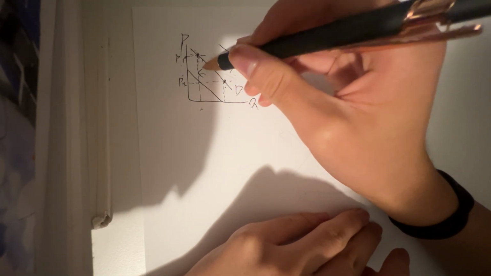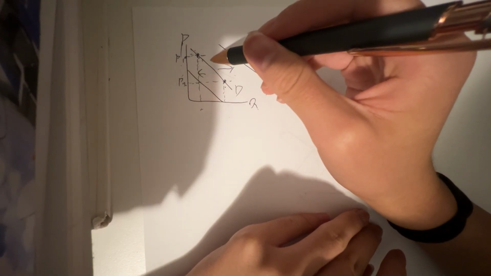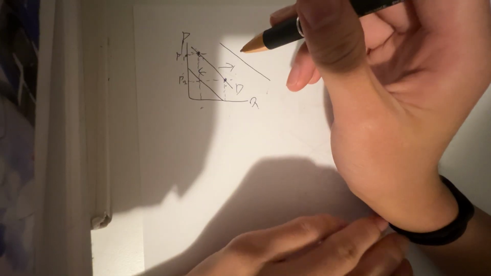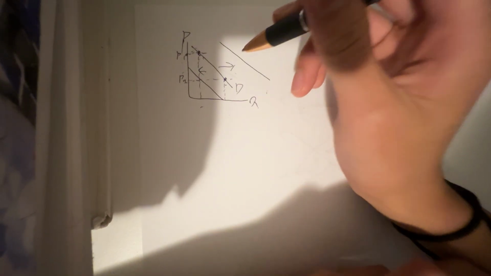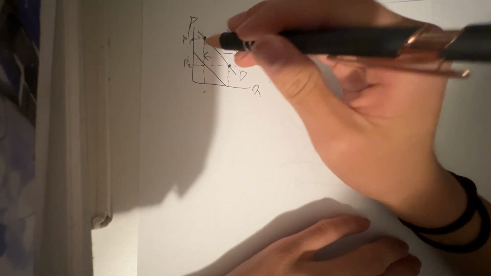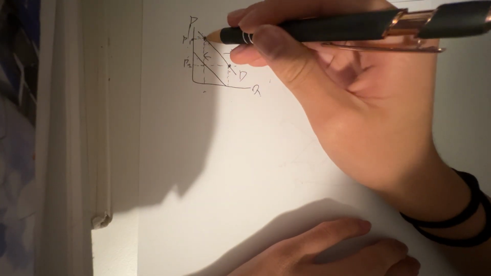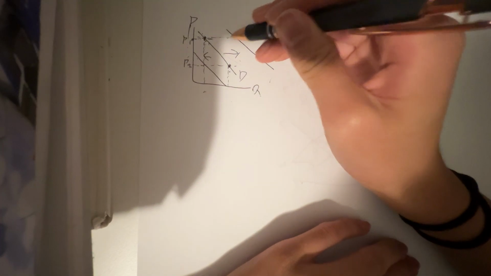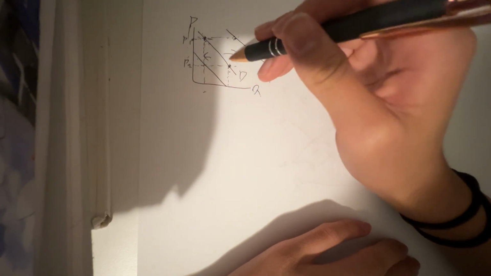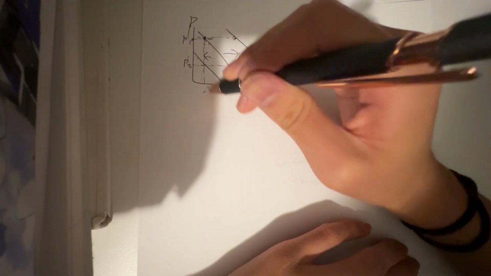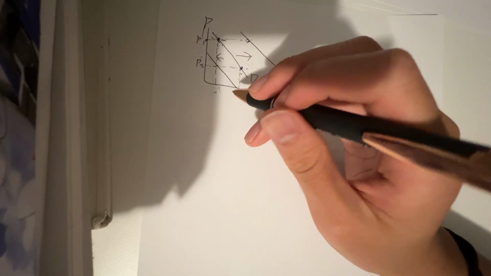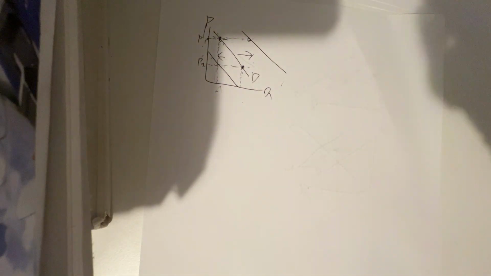If there's a shift to the left, that means there's less quantity demanded. This means that at every possible price, for this one, there's more demand, even though it's the same price. And this one, same price, less demand. That's caused by other conditions in the market and other factors, not just changing the price.